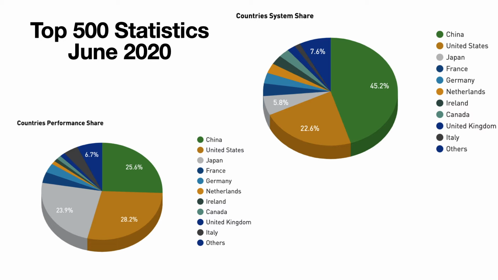So those three countries hold 74% of all the computational power that is openly available on the top 500.